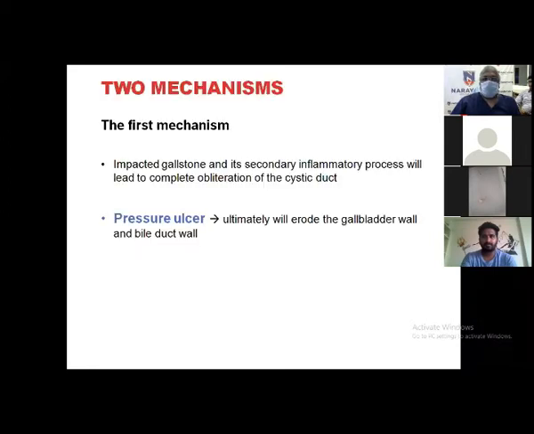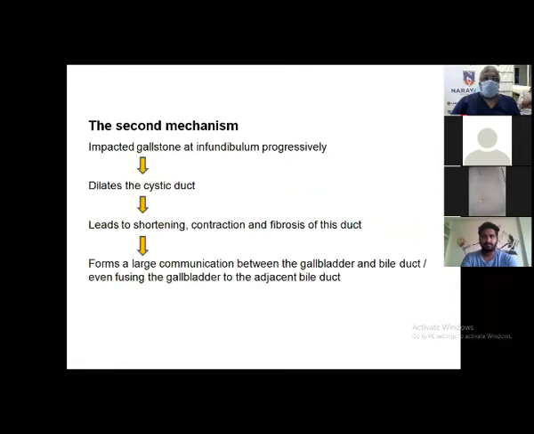First mechanism I've shown you: an impacted stone causing a compression, and then leading to an ulcer. The ulcer leads to a cholecystobiliary fistula. The second mechanism: an impacted gallstone at the infundibulum dilates the cystic duct, leading to shortening.